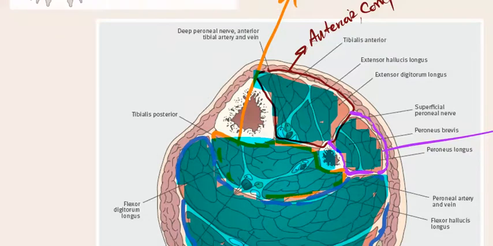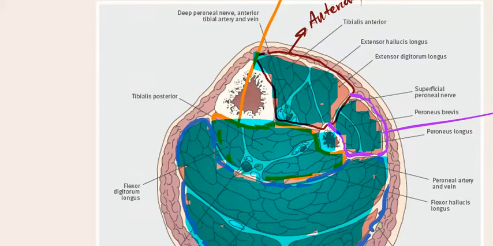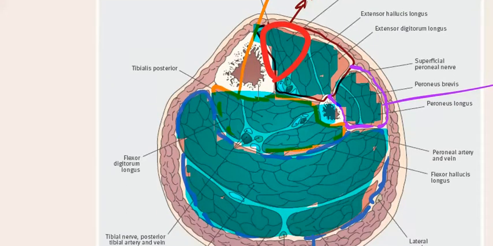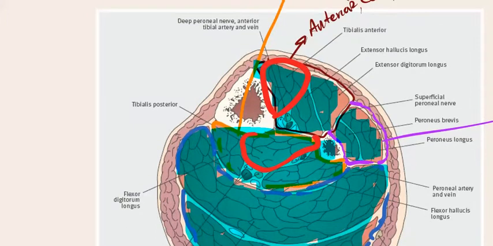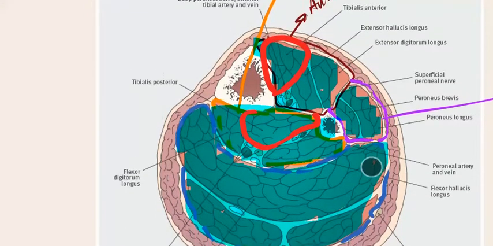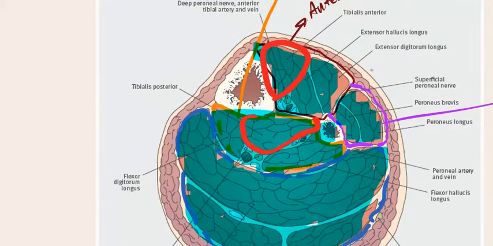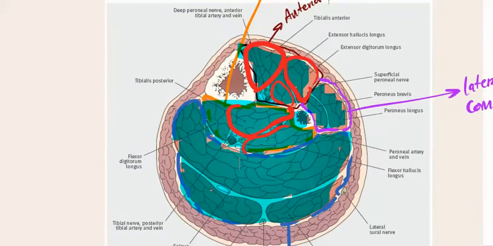So if you look at the anterior compartment, okay, we have what? This is tibialis anterior. Now if you look at the deep posterior compartment, you have tibialis posterior. So we have tibialis anterior, tibialis posterior, right? Then we have an extensor and then another extensor. But then over here we have a flexor, and then we have another flexor.